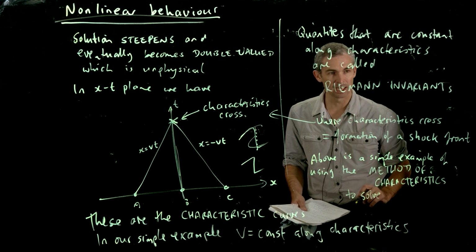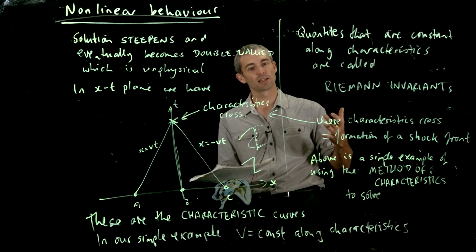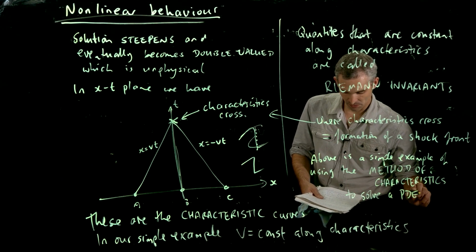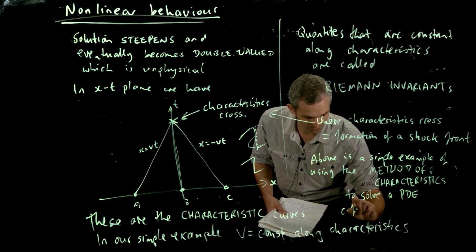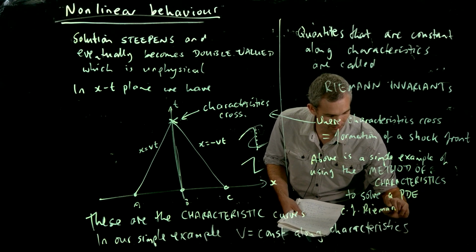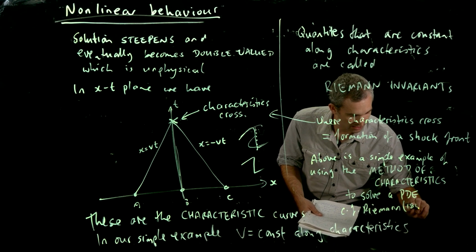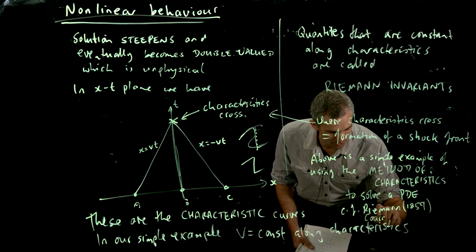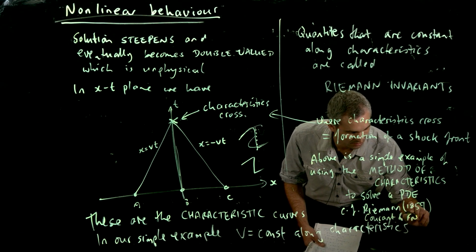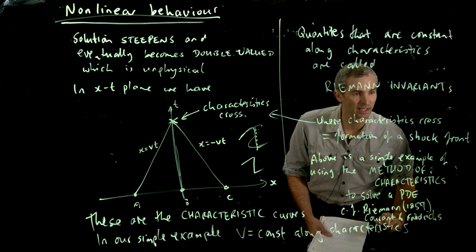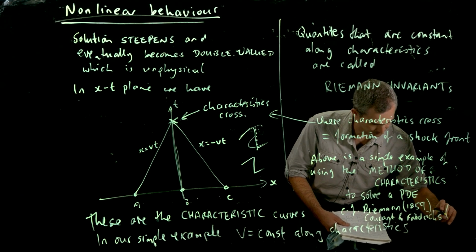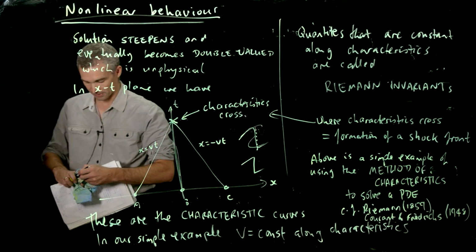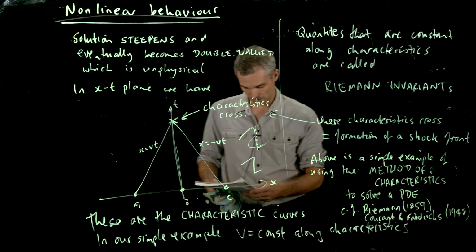It is used for hyperbolic partial differential equations, which are basically equations that look like the wave equation. And if you think this was new, this was done by, for example, Riemann in 1859, or in a famous book by Courant and Friedrichs in 1948. This method of characteristics is often used in numerical methods for helping to solve these equations numerically as well.